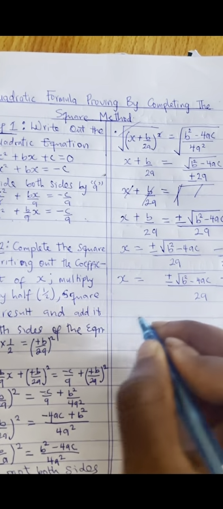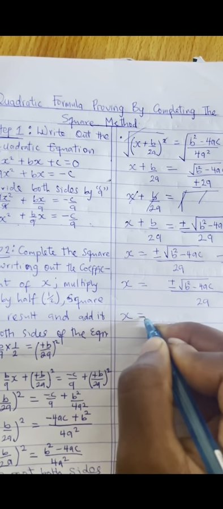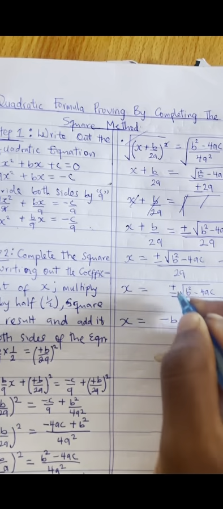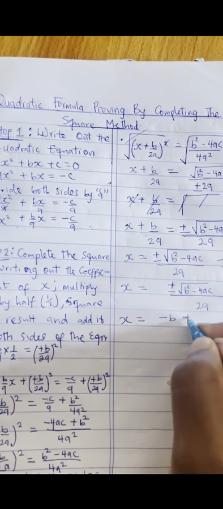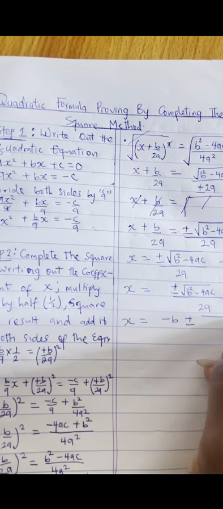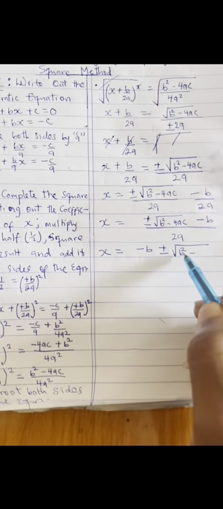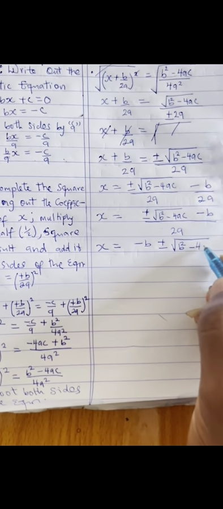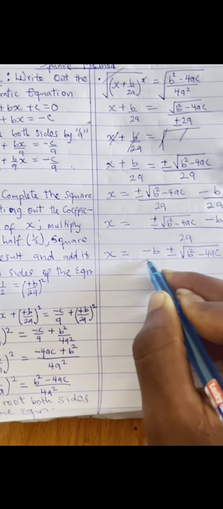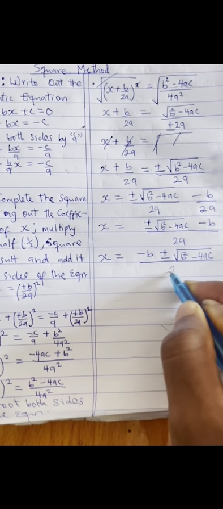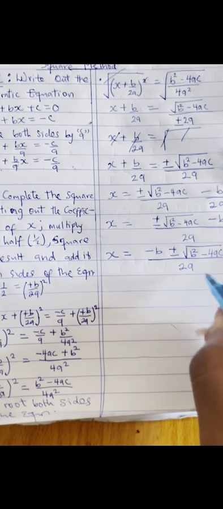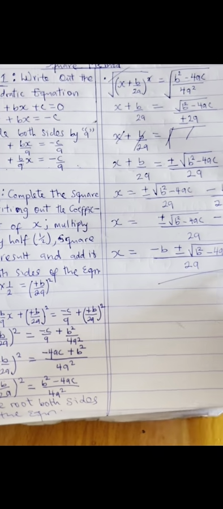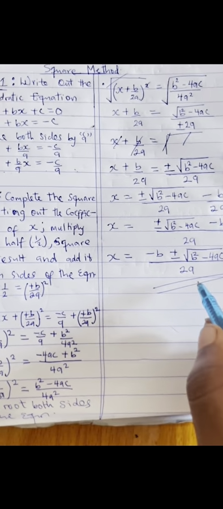Then this expression can be written as x equals minus b plus or minus square root b squared minus 4ac, all over 2a. And this is the required quadratic formula.